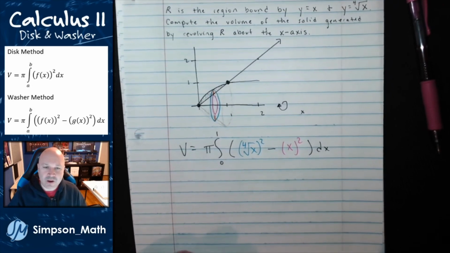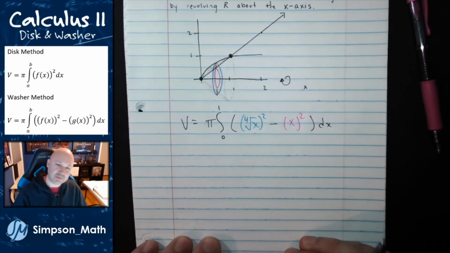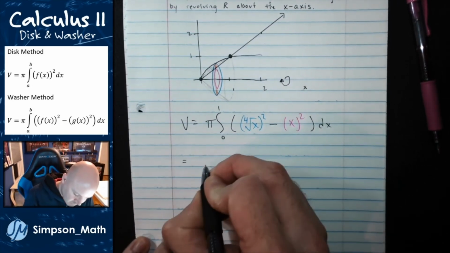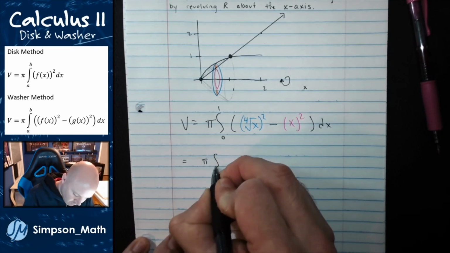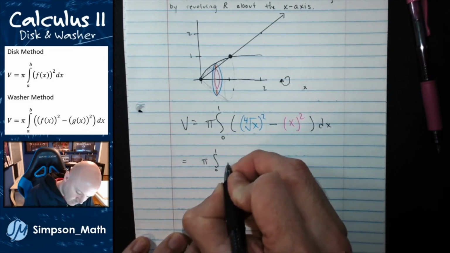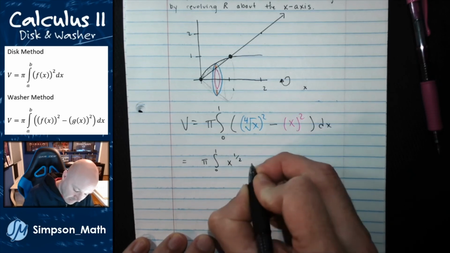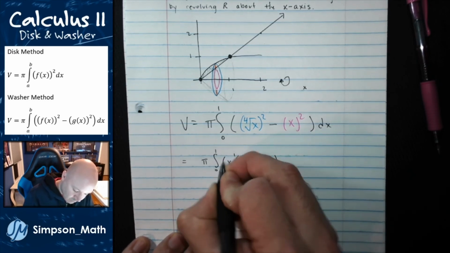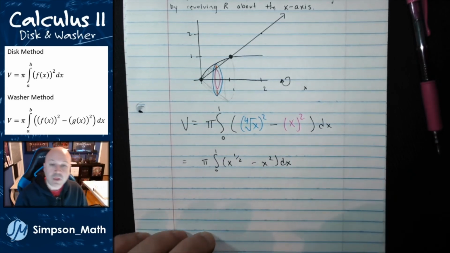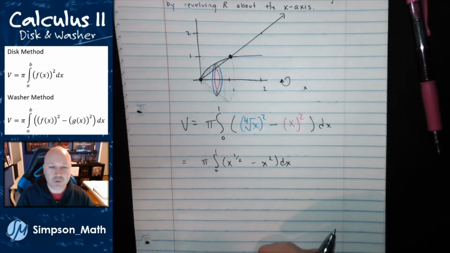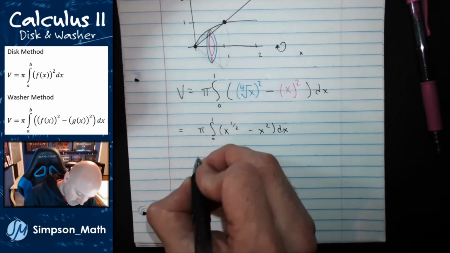Okay, let me square the fourth root. That just becomes a square root, or x to the 1/2 power. Polynomials are nice and easy to integrate.